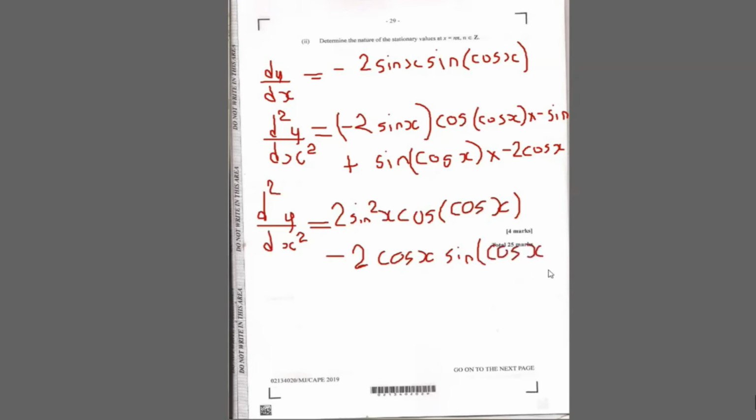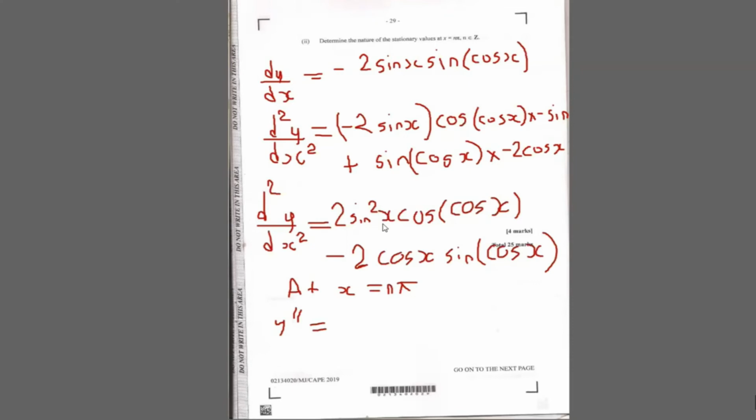And then at this point now, at x equal to n pi, it doesn't matter what n is. Give n a value like 1. The second derivative is going to be equal to, so plug in when it's pi.